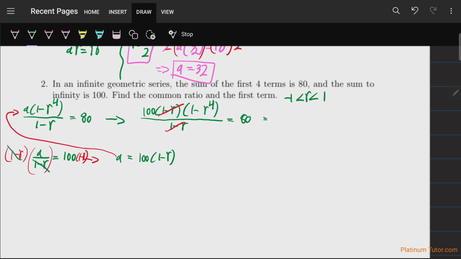Okay, so then we'll get 100 times 1 minus r to the 4 is equal to 80. I'll divide both sides by 100 to get 80 over 100. 80 over 100 simplifies to 8 over 10 or 4 over 5.